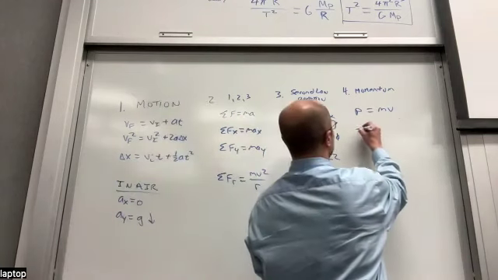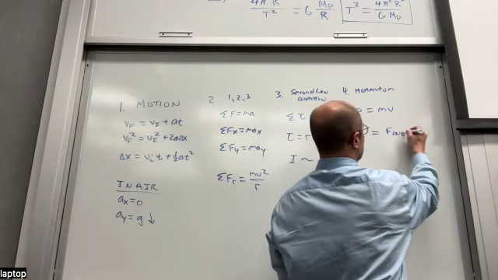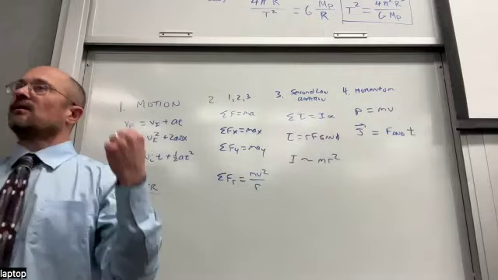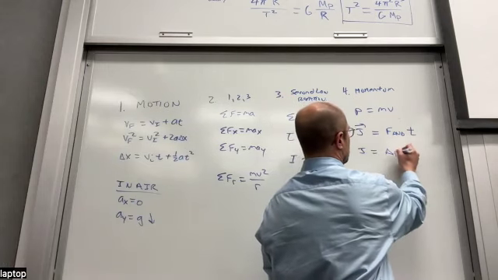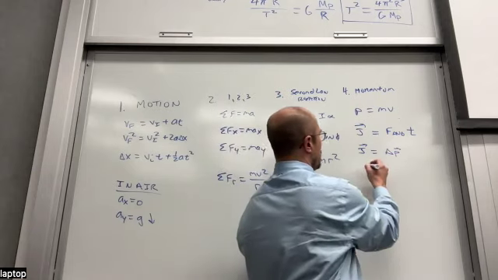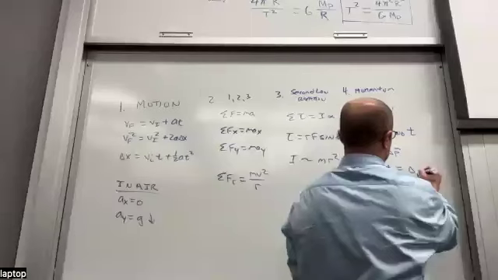J? We'll use J, and that's equal to the average force times time. So the idea would be that a force times time causes an impulse, and an impulse, we said, changes the momentum. And that led to the impulse-momentum theorem, that the average force times time is the change in momentum.